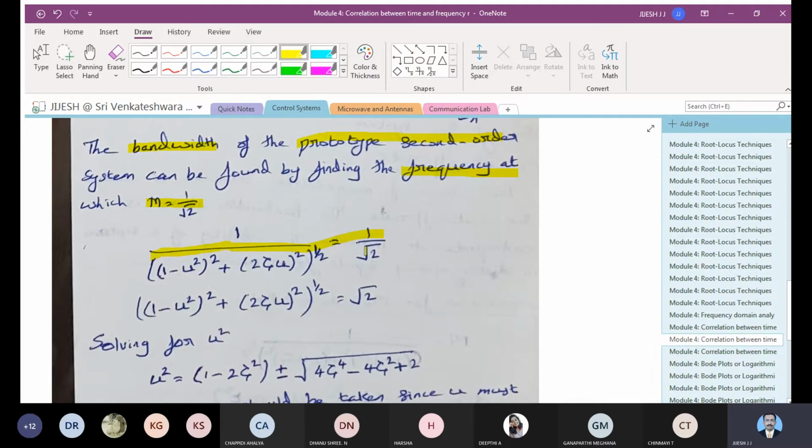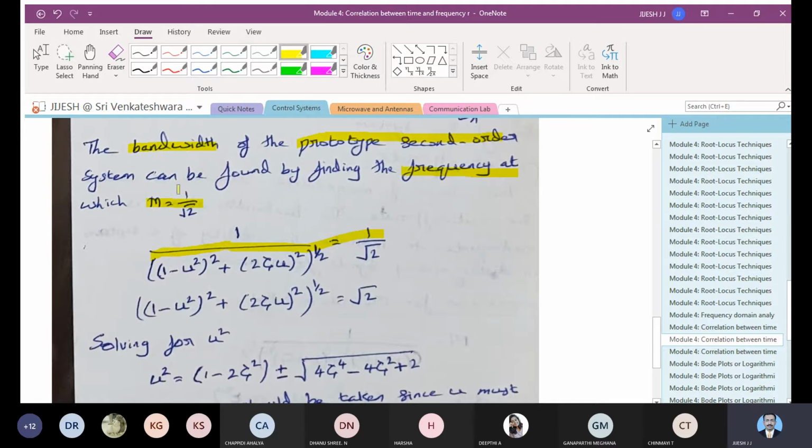Just we will simplify this further. So we can write the root of (1 minus u square) whole square plus (2 zeta u) whole square, the root of this entire thing, is equal to root 2. So we can solve it for u square.